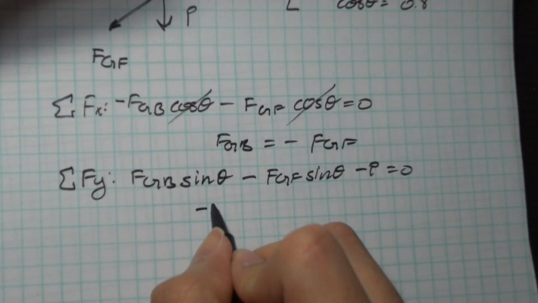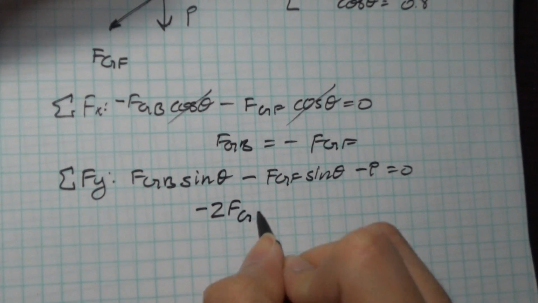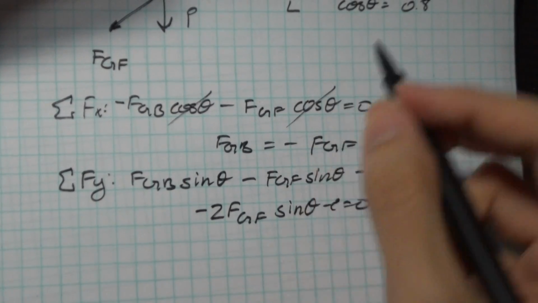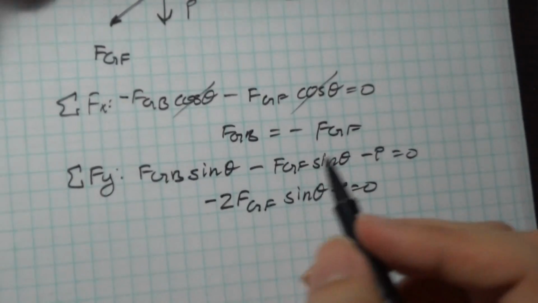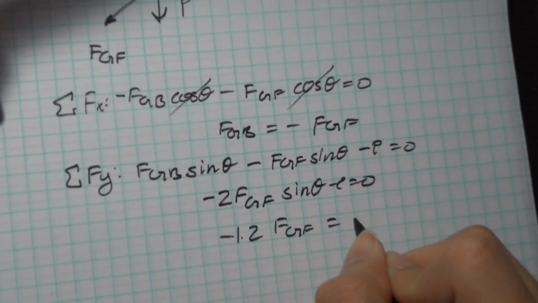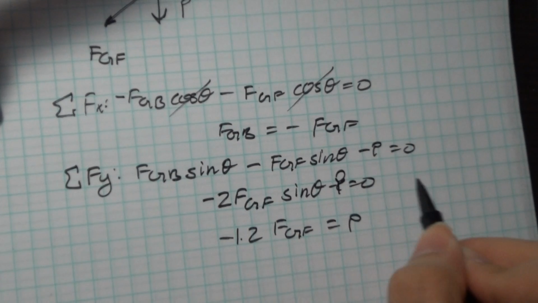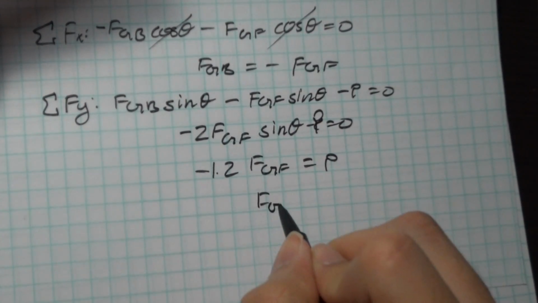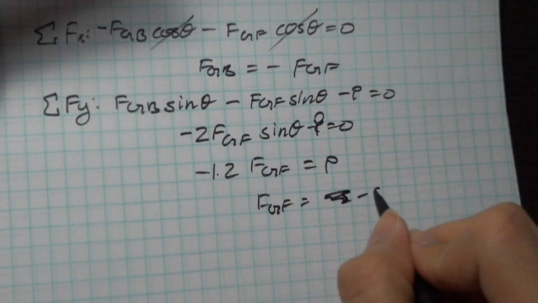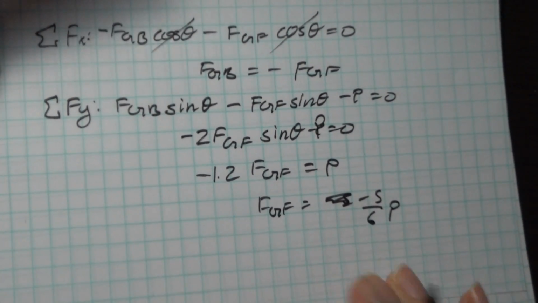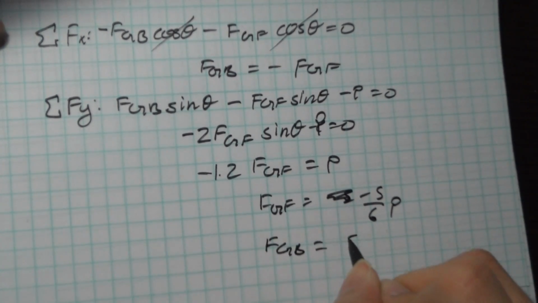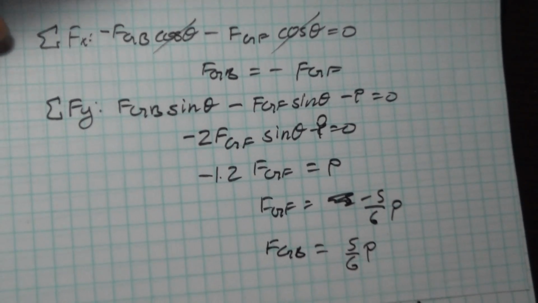So I will get negative 2 FGF sine theta minus P equals 0. I have sine theta equal to 0.6, so when I plug this in, I get negative 1.2 FGF equals P. I just brought the P to the right-hand side. Therefore, FGF is equal to negative 5 on 6 P. And I also therefore have that FGB is equal to positive 5 on 6 P.